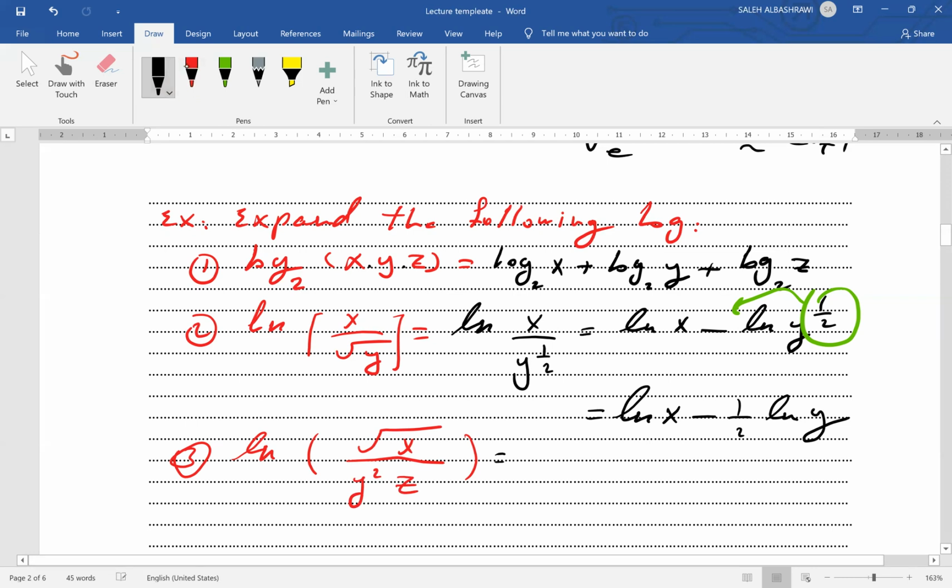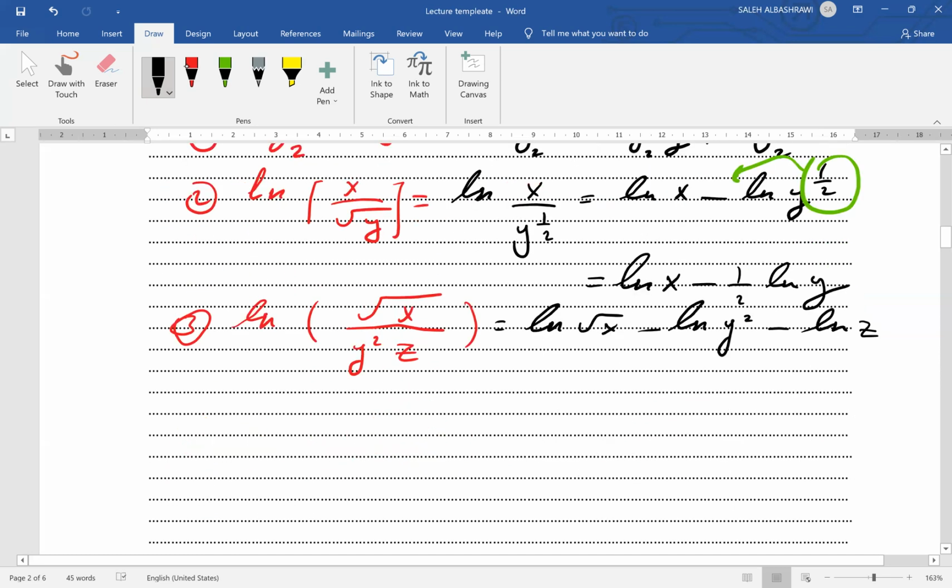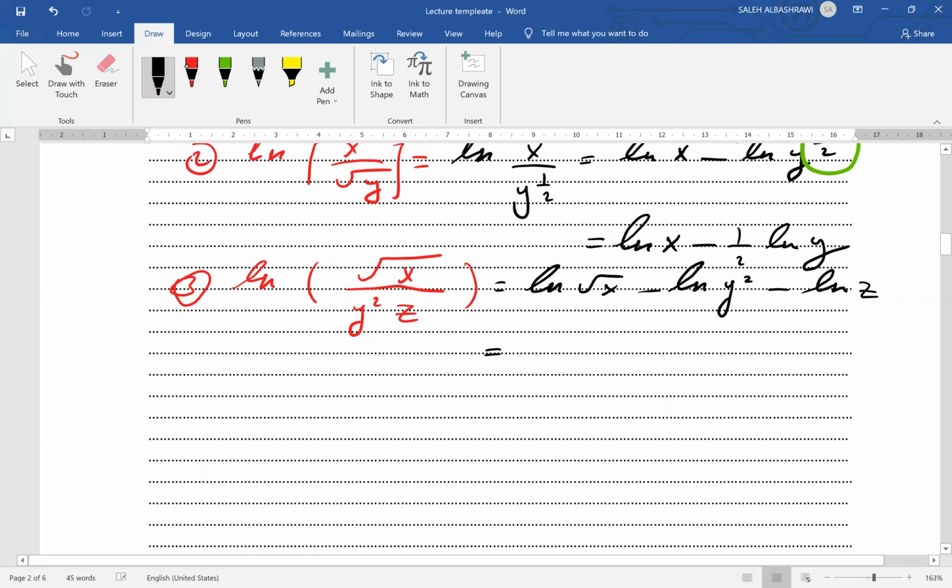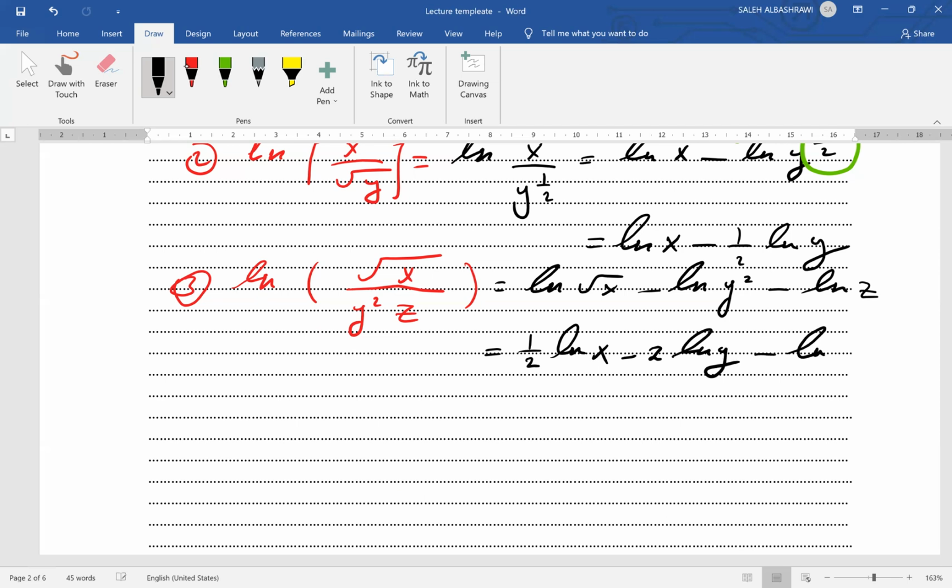This can be written as ln of square root of x minus ln y squared minus ln of z. Anything in the denominator will be written as negative or subtraction. So this is ln of square root of x minus ln y squared minus ln of z, which is equal to, since the square root of x is the power 1/2, I can write it as 1/2 ln x minus 2 ln of y minus ln of z.